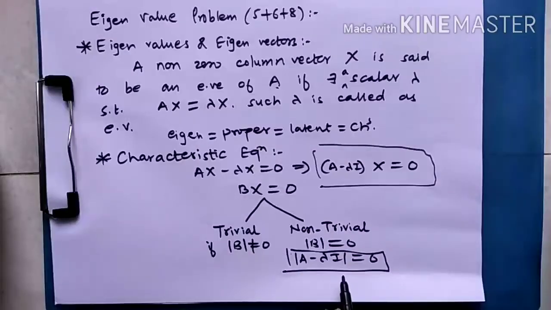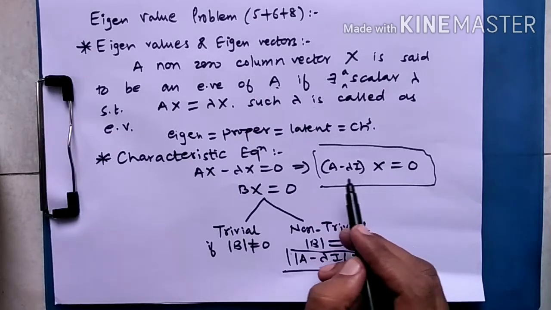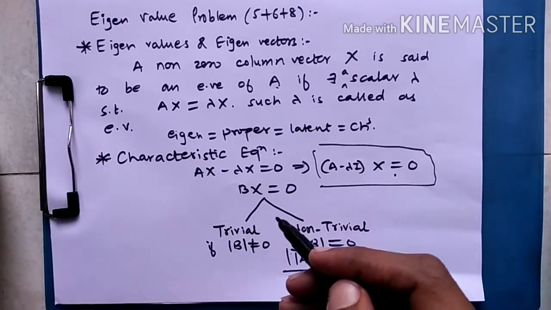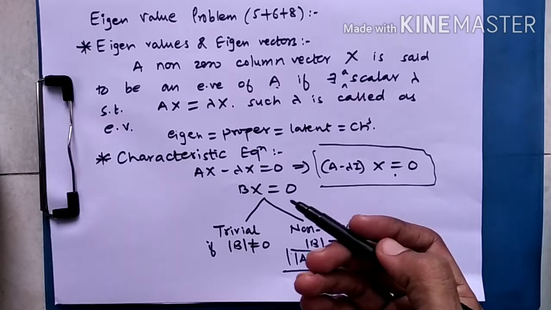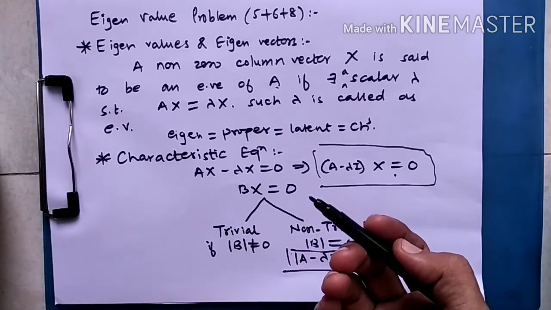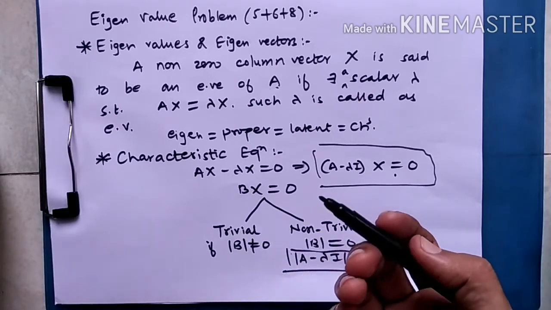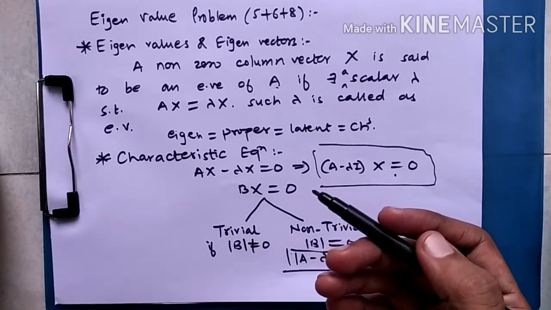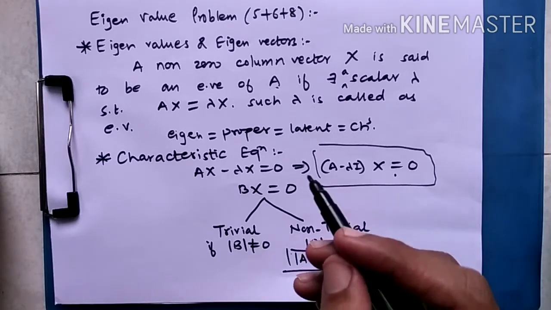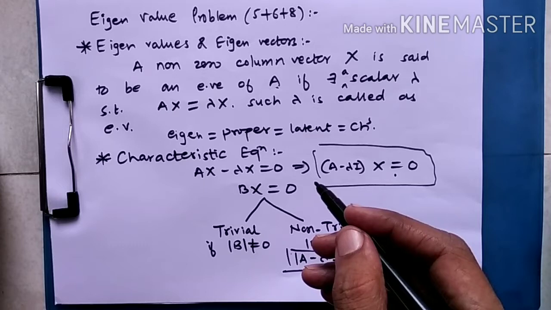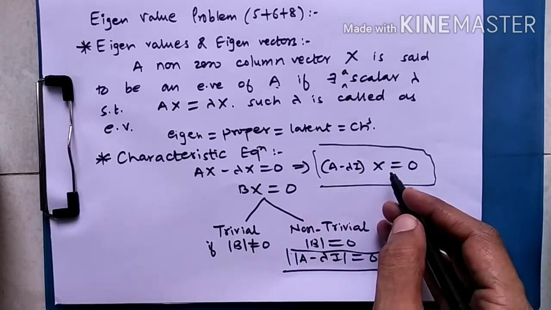So to find eigenvalues, we need to solve this, and to find eigenvector, we have to solve this equation. So if we are having a square matrix of order 2, we will be getting 2 eigenvalues. And similarly, for a square matrix of order 3, we will be getting 3 eigenvalues. And corresponding to each eigenvalue, we will get at least 1 eigenvector.